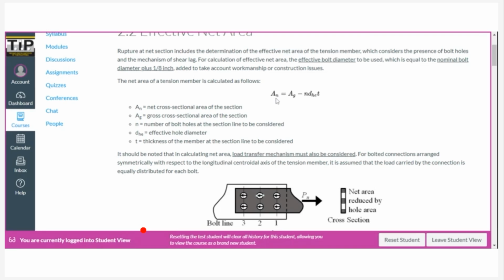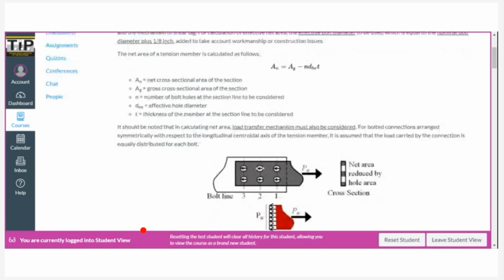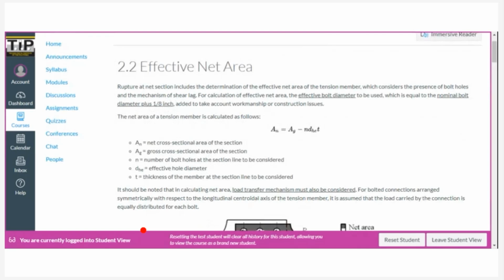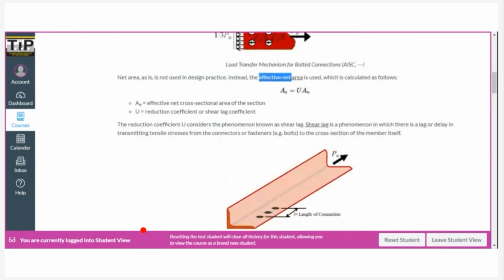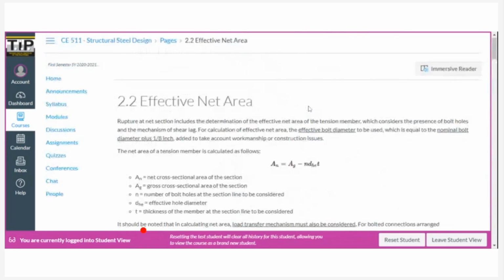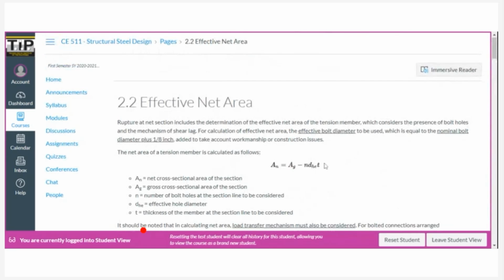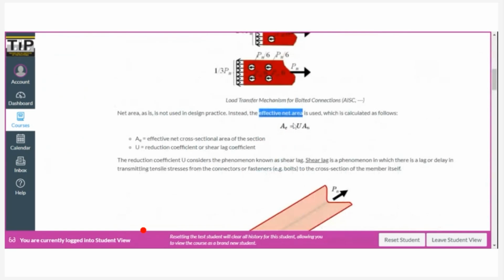So now, how do we calculate the effective net area in this case? To get the effective net area, you just have to multiply AN, the net area you calculated from here, by a certain coefficient U, which is called the reduction coefficient or the shear lag coefficient, okay?